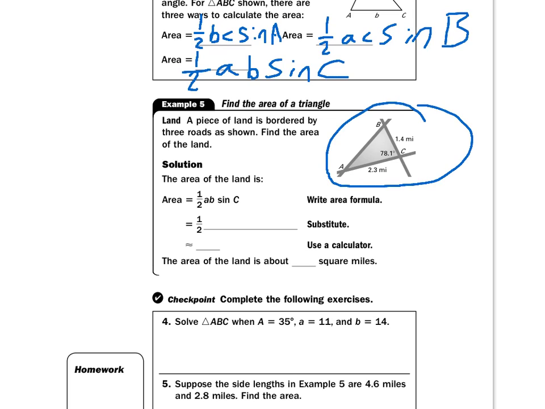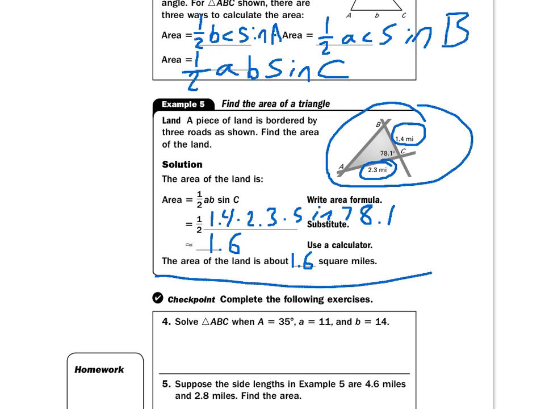So I have C, so I'm going to use my A and my B and the sine of C. So I have 1/2 times 1.4 times 2.3 times the sine of 78.1, and that will give me my answer, which is 1.6. So your area is 1.6 square miles. You think you have to find the area of a triangular piece of property? Yeah, all the time. This is a great way to do it.